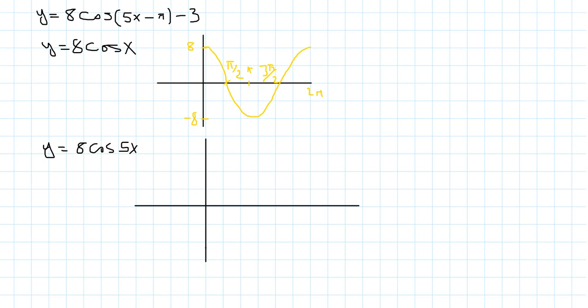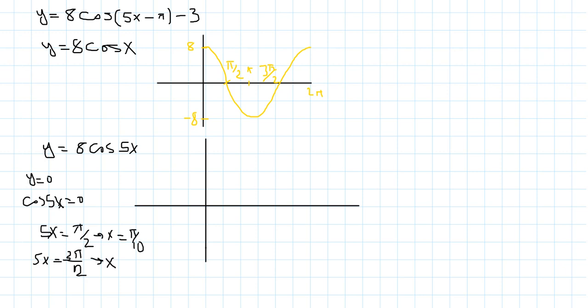As we know, I can easily find the intersection with the x-axis by cosine of 5x equals 0. I know the cosine of 5x equals 0 at the angles pi over 2 and 3 pi over 2. So my 5x is pi over 2, then x is pi over 10, and the other is 5x equals 3 pi over 2, so the answer x equals 3 pi over 10.